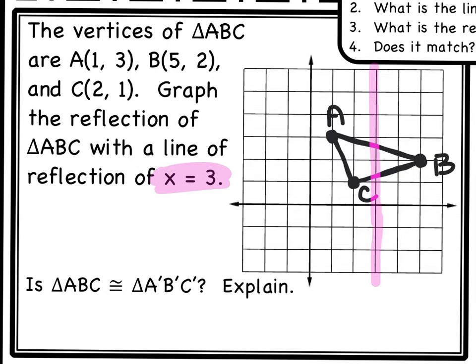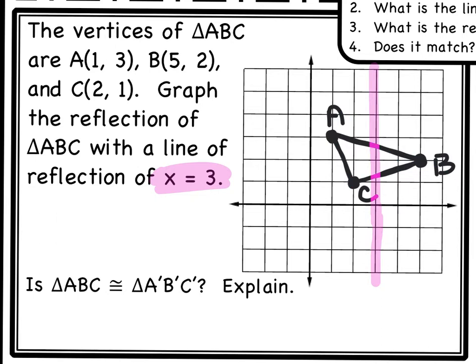Now, what I notice is this is like the first example where the line of reflection actually goes through my figure. So I know I'm going to be reflecting in opposite directions. So, for example, these 2 points right here are on the left side, so they are going to end up on the right side. This point right here is on the right side, so it's going to end up on the left side. So this one's going to get a little bit tricky because you are going to have the figure end up pretty much lying on itself, but flipped in a different direction.